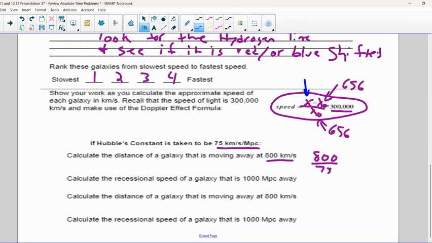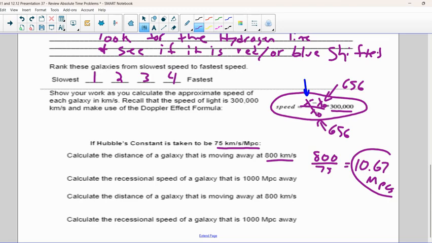If I do 800 divided by 75, I'm going to get 10.67. Okay, and that is going to be in megaparsecs. So that's how far away it is.